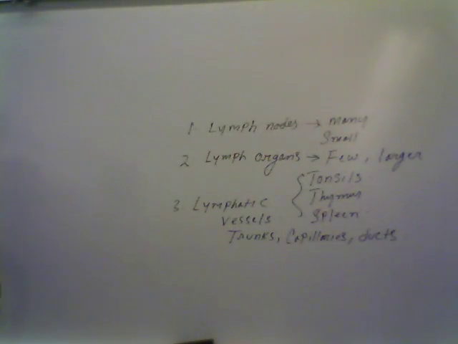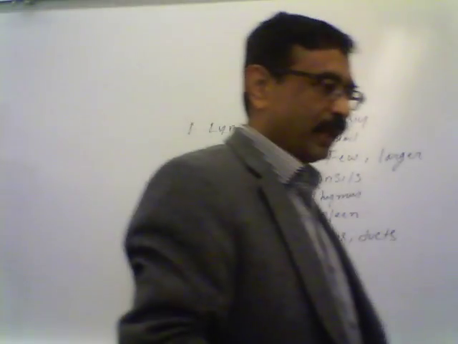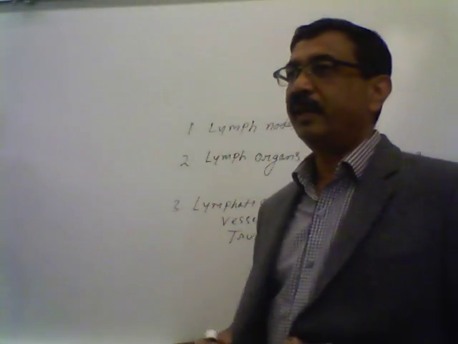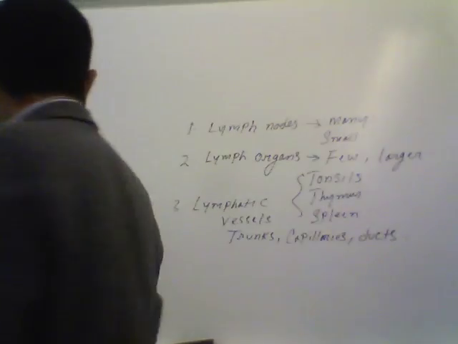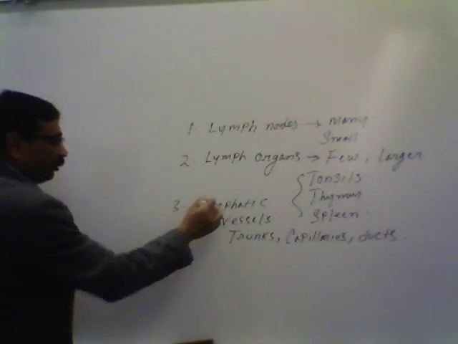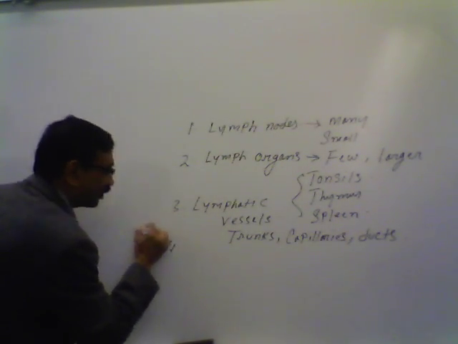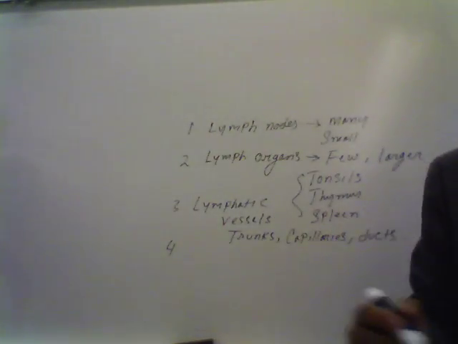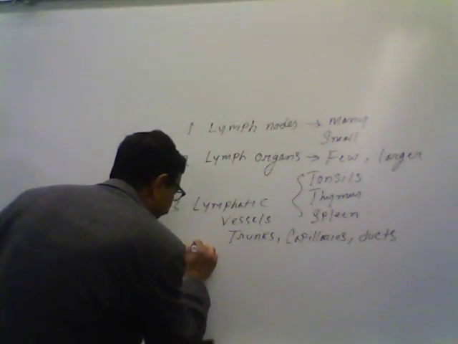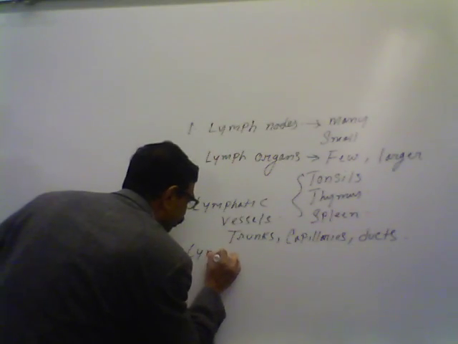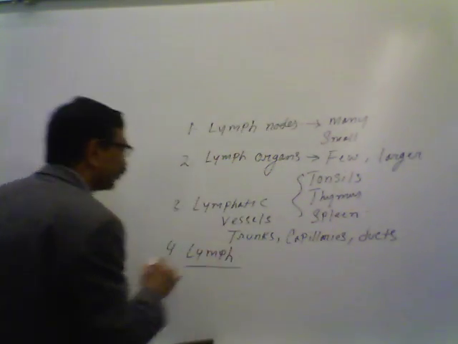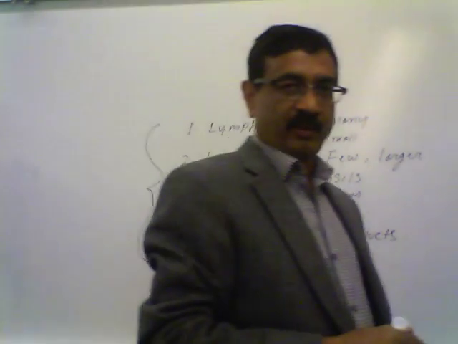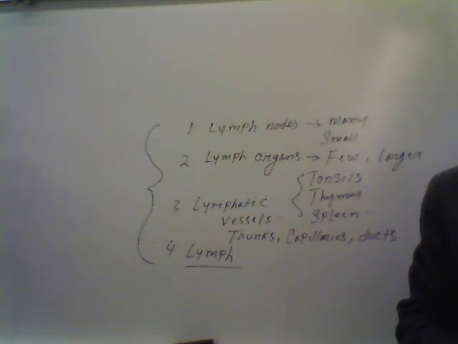So, in lymphatic vessels, we have trunks, lymphatic capillaries, and lymphatic ducts. And the fluid that circulates inside the lymphatic system is the lymph. So lymph is the fluid. Okay. So those are the important parts of your lymphatic system.